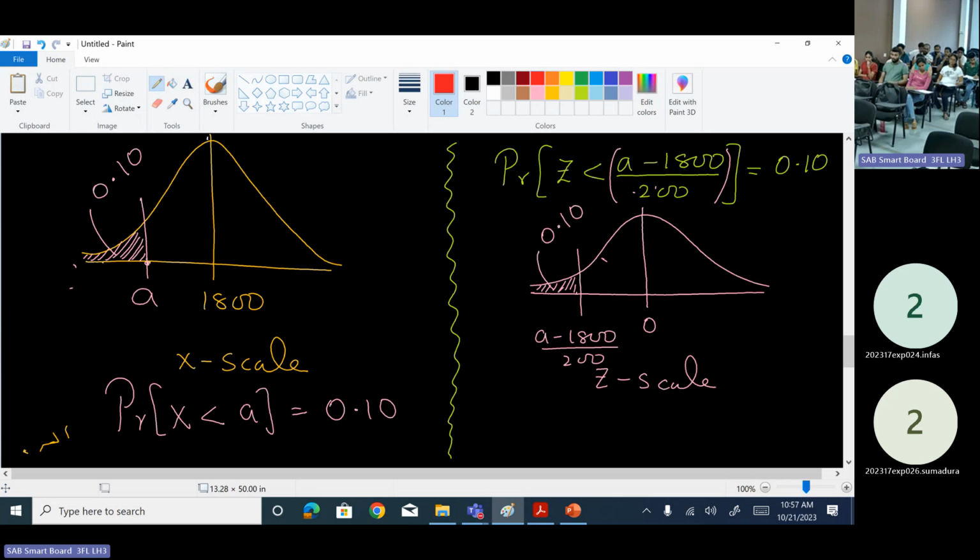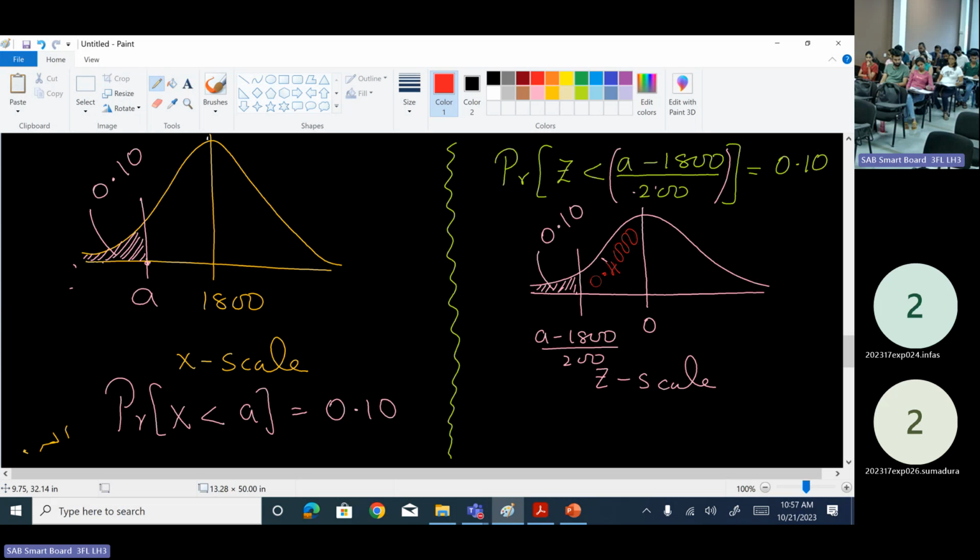Areas from 0 to whatever the level are given. So if this is 0.1, this area will be 0.4000. Right?